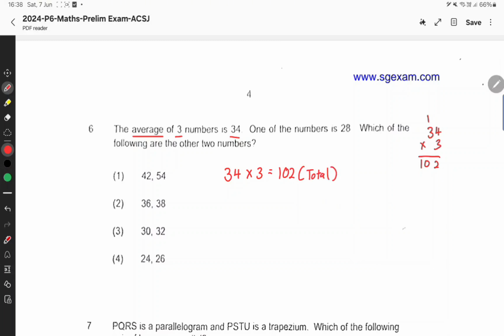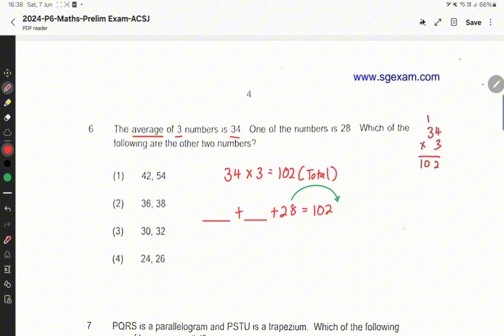Now, the next thing we know is that one of the numbers is 28. The other 2 numbers we do not know. So what plus 28 will give me 102. Okay, so first step, we need to bring over this 28 over the equal sign.